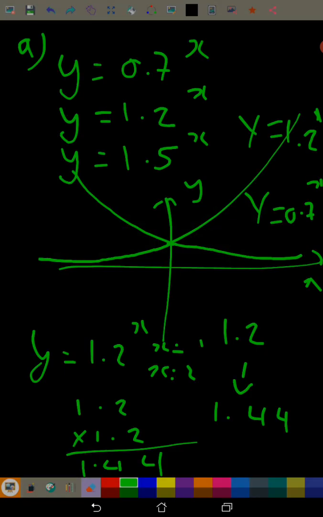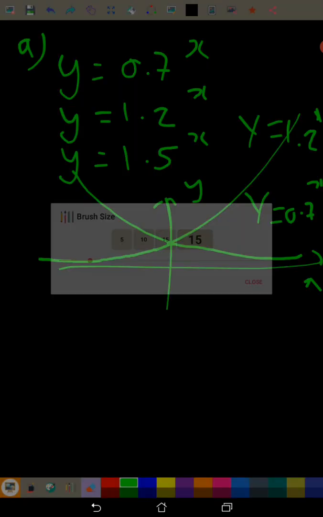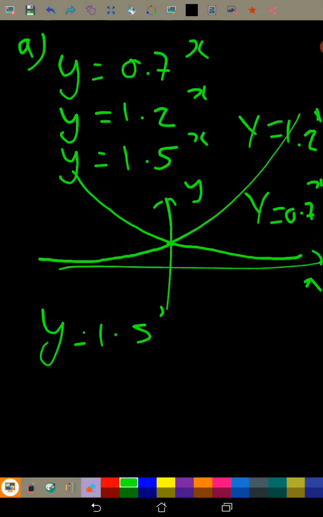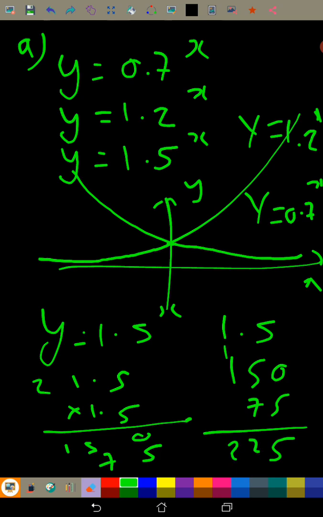And let's look at the last thing. We have y is equal to 1.5^x, and we want to know how it will behave. So when x is 1, we have 1.5. When x is 2, we have 1.5 times 1.5, which is 2.25.